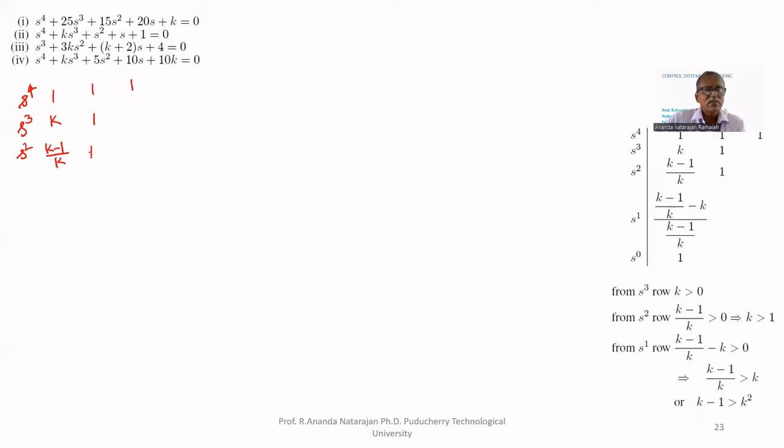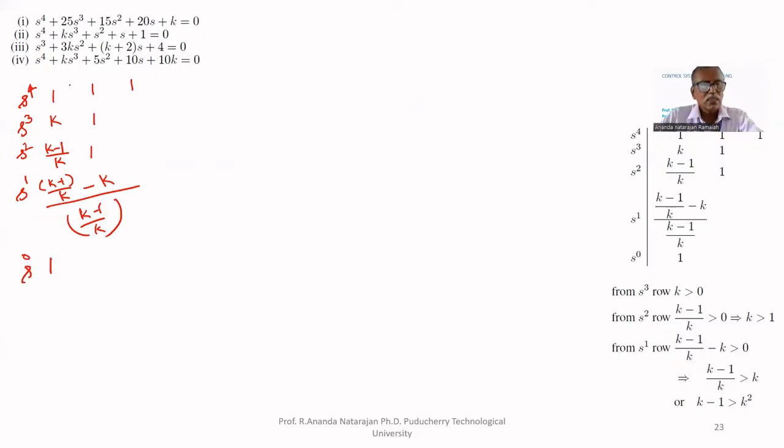This 1 automatically will come here. Then the s power 1 row is (k minus 1 upon k) minus k, upon (k minus 1 upon k). This is s power 1. S power 0 is 1.